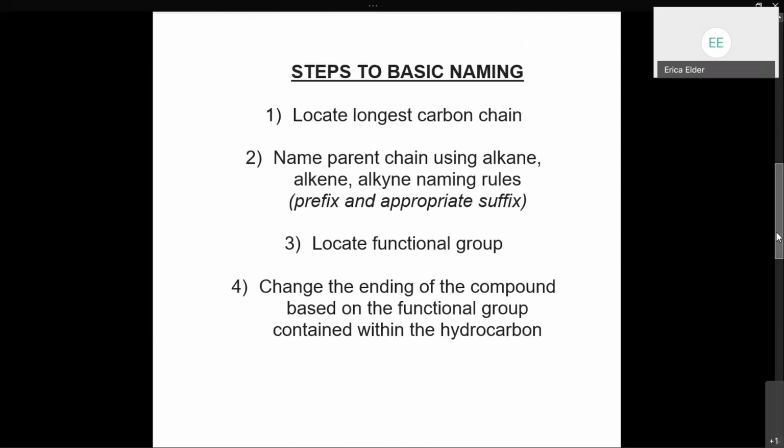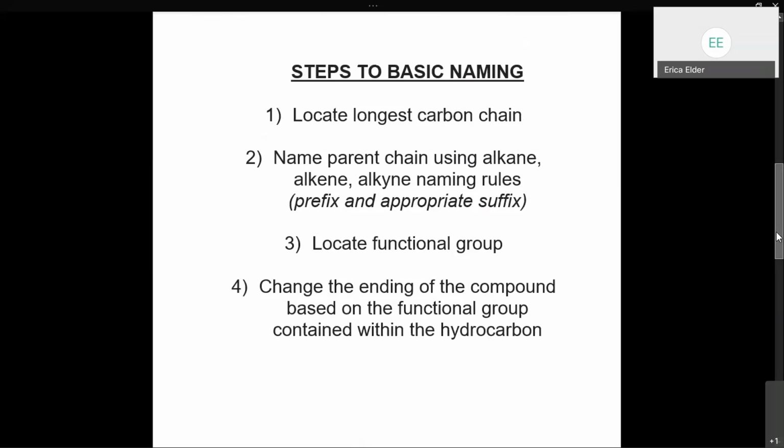So that is very helpful. You're going to name that parent chain using alkane, alkene, and alkyne naming rules, meaning we choose the appropriate prefix based on the number of carbons, and then we use the appropriate suffix, whether it has a single, double, or triple bond contained within that longest carbon chain.